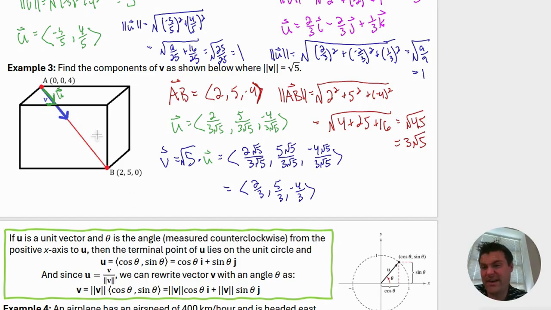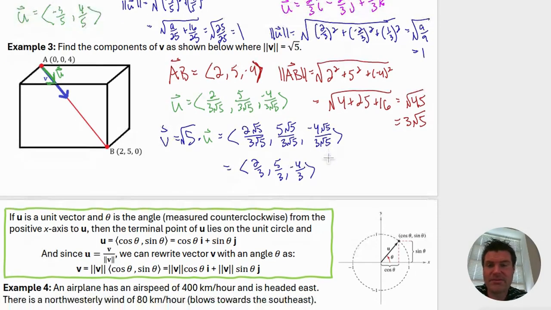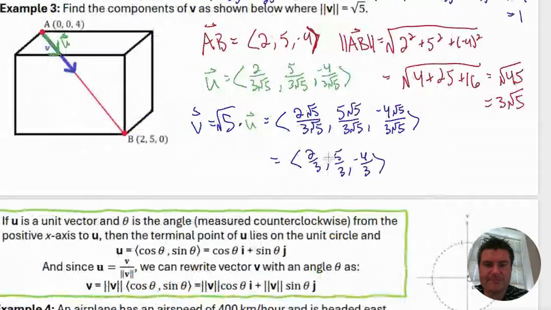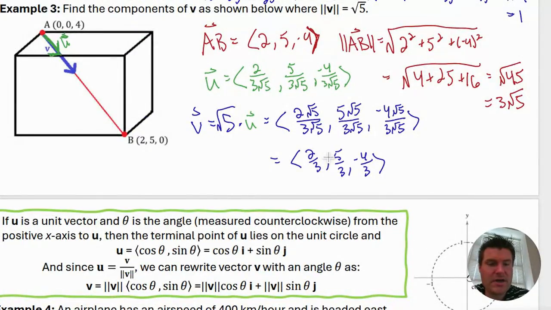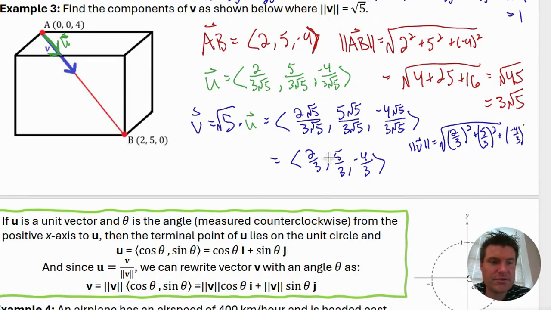Do you want me to verify it just to make sure that this has a length of root 5? Because I totally can. What's that? You want me to? Sure, why not? So if I find the length of v here, the square root of 2 thirds squared plus 5 thirds squared plus negative 4 thirds squared, I should get a 5 inside of here.